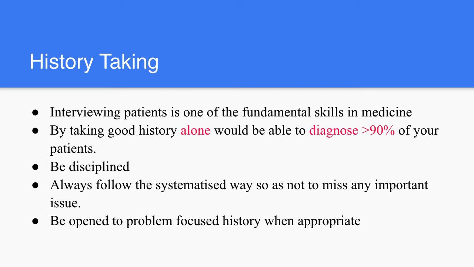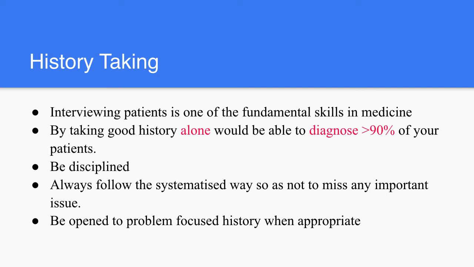So we have to be very much disciplined in history taking skill, and I'm going to show you the mechanical way of doing it. That's the steps through which you go and do history, and then how to interpret the findings. By the end of this lecture, you would be able to take history from every patient in the most appropriate way in a timely manner.